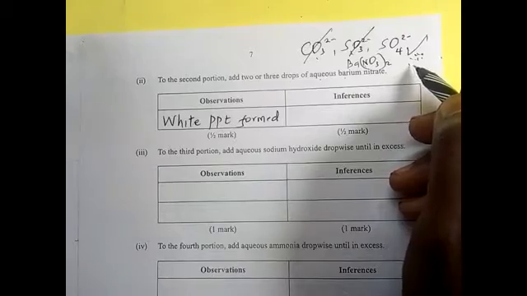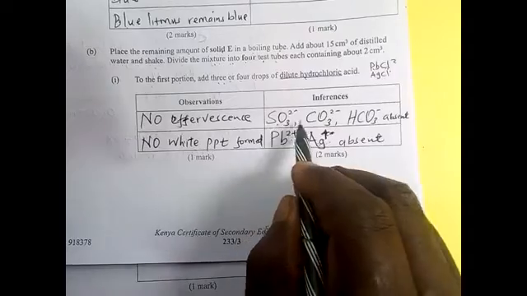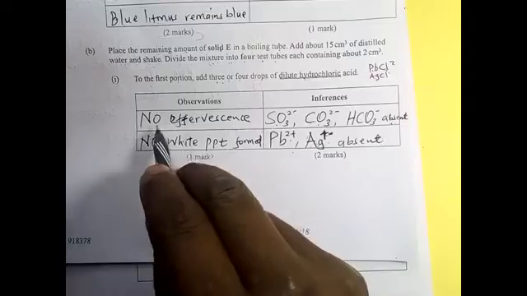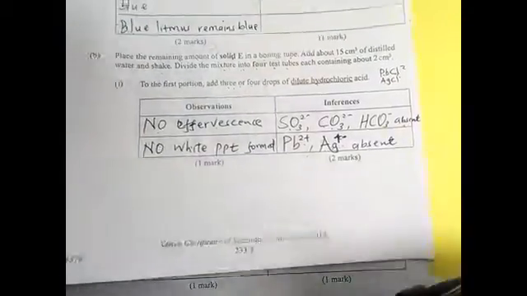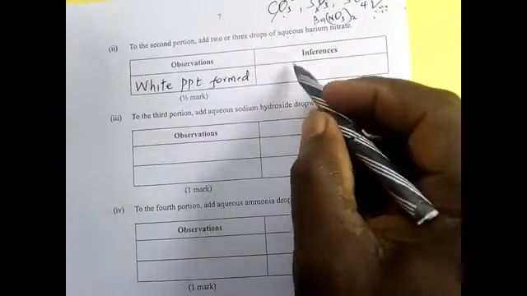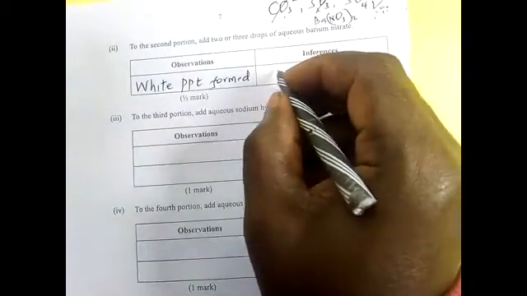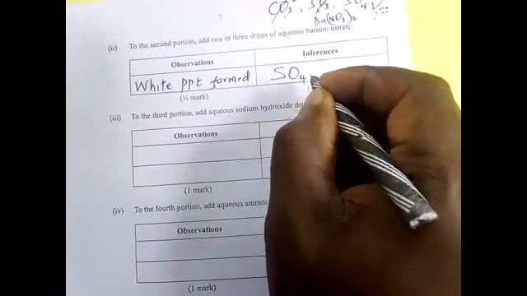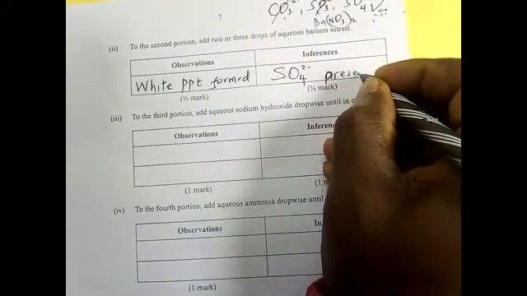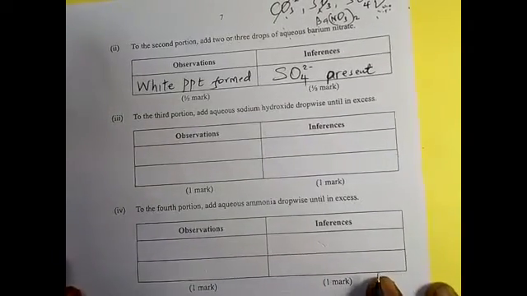In our previous inference, we have said that the sulfite and carbonate are absent because of no effervescence. Now, you will contradict yourself if you say that the carbonate and the sulfite is present. Therefore, the only anion you are going to write is that the sulfate is present.